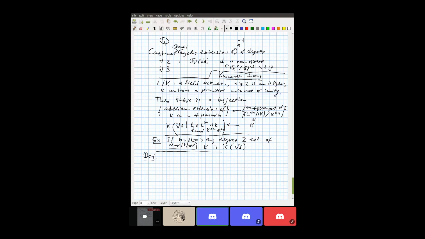It is an adjective before the Galois group of this extension. So it means that it is a Galois extension with a cyclic Galois group, or with an abelian Galois group. Thanks.